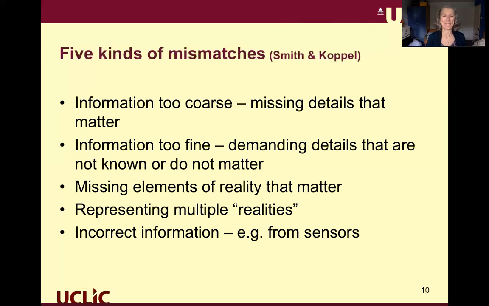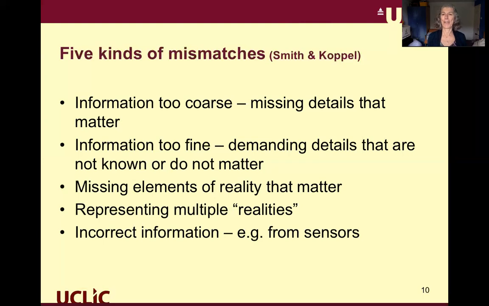So forgive me there. It may be representing multiple realities, there may be multiple interpretations from the data, or the information may be incorrect. For example, it may come from sensors which aren't accurate. Think of your Alexa or similar kind of system for hearing and interpreting voice.